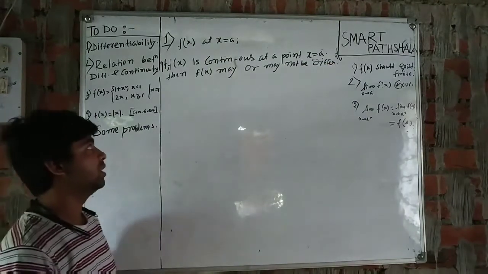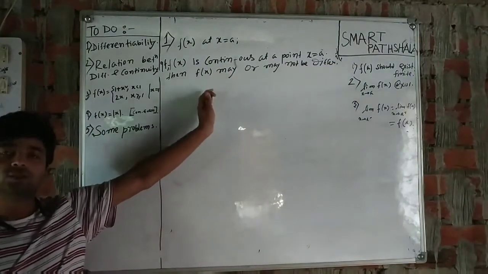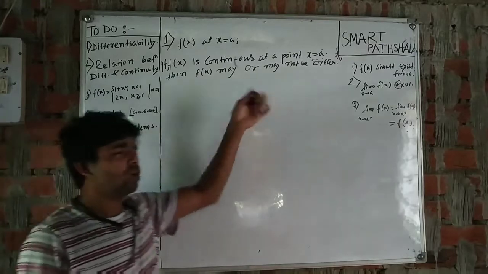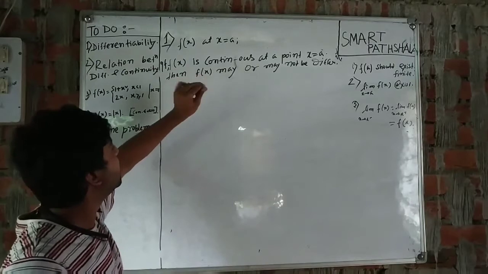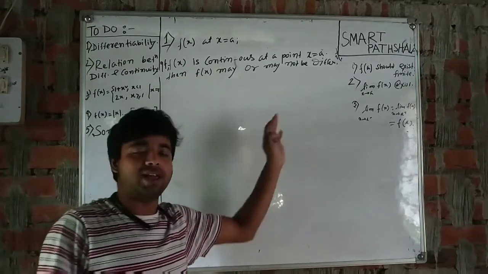If a function is continuous at the point x is equal to a, it is not necessary that this function will be differentiable, unlike the case that if f of x is differentiable, f of x is also continuous.